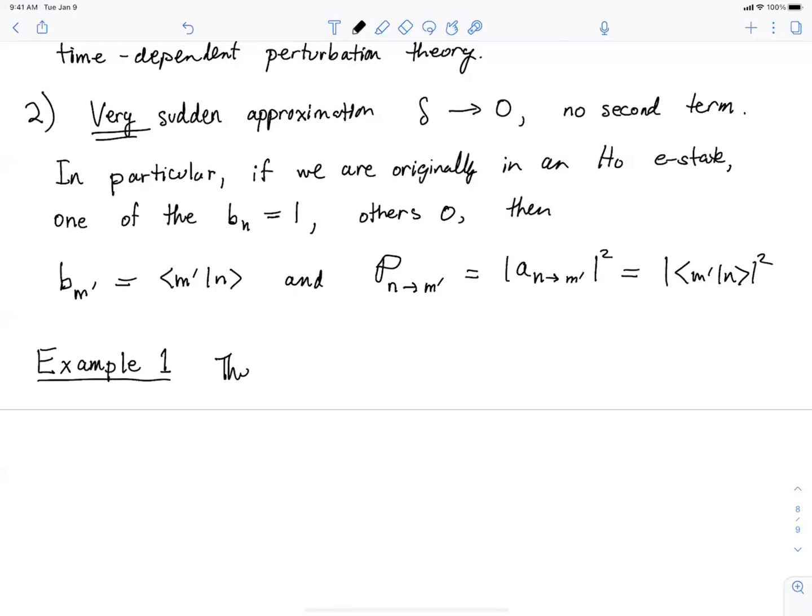So the spring constant of a harmonic oscillator, actually I'll say the natural frequency changes so that the natural frequency goes from omega to 2 omega.